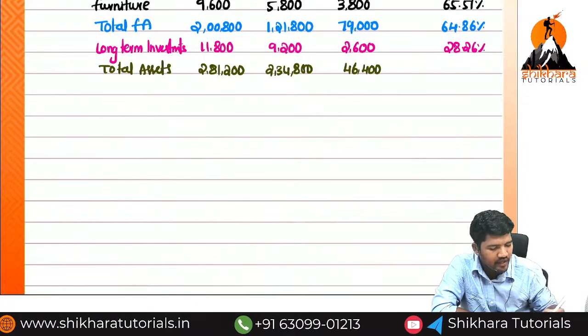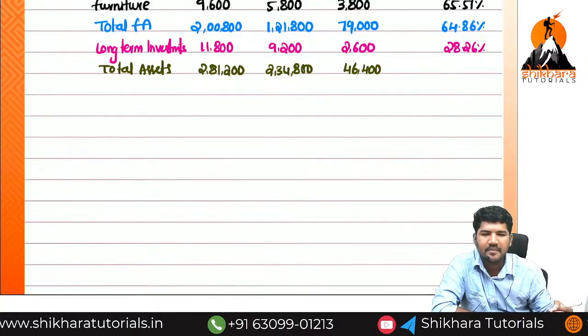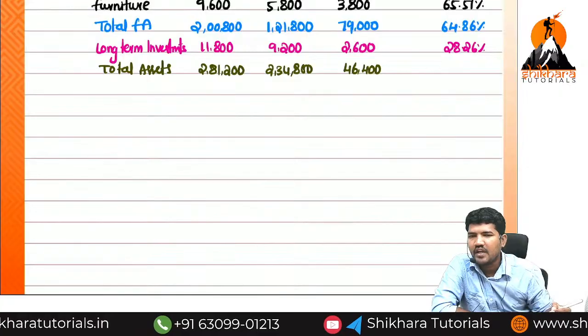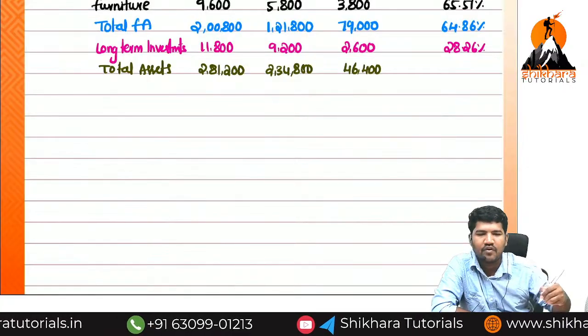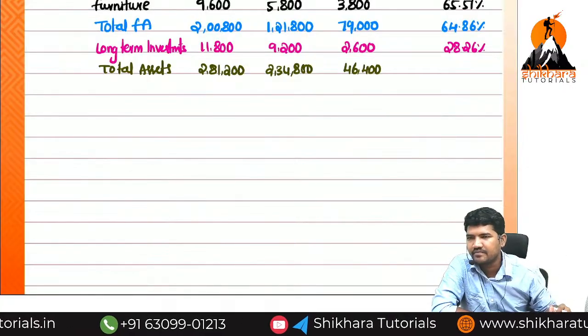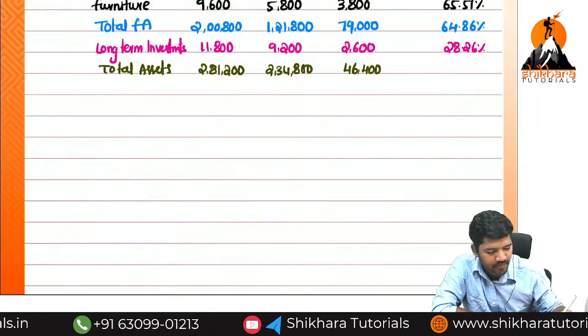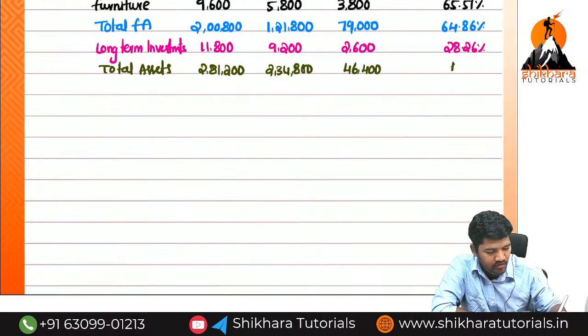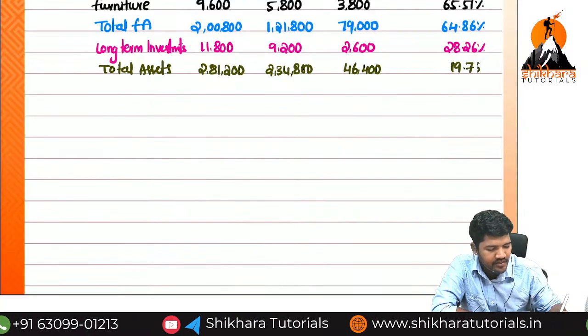So comparing to last year, my asset side of the balance sheet is affected by 46,400 rupees. I have to figure out the reasons why that 46,400 affected. Now please tell me the percentage. What is it? 19.76% impacted.